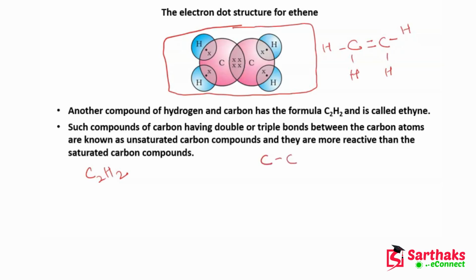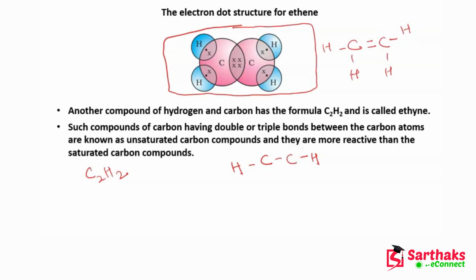I will connect this carbon and carbon with a single bond, and then I will connect this hydrogen with this carbon and this hydrogen with this carbon. But now you can see that the valency of carbon remains unsatisfied: 1, 2, and here on this carbon also 1 and 2.